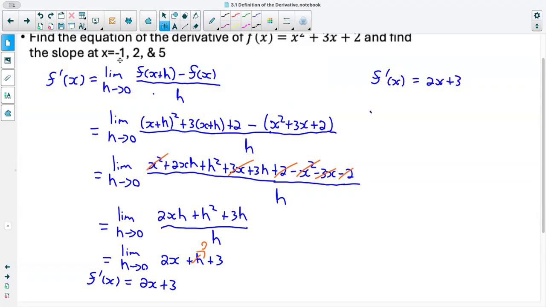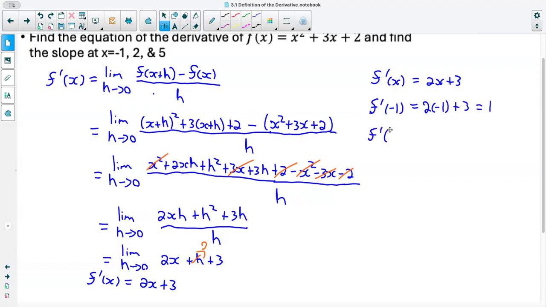So if we're looking for a slope when x equals -1, that'd be f prime of -1 is equal to 2 times -1 plus 3. Which just gives us 1.